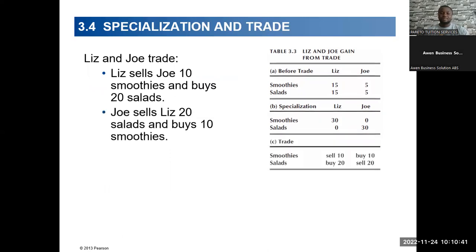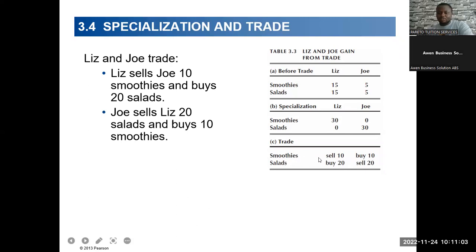Let's look at the trading. So what is going to happen? Now, Liz has 30 units of smoothies. So she sells 10 to Joe, and Joe buys 10. This is the trade part. Smoothies are being produced by Liz. She's producing 30. So she's selling 10 to what? To Joe.